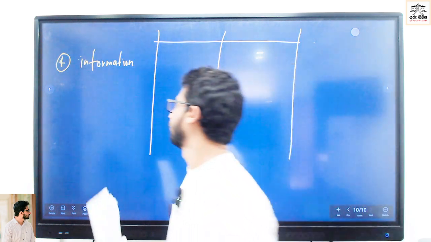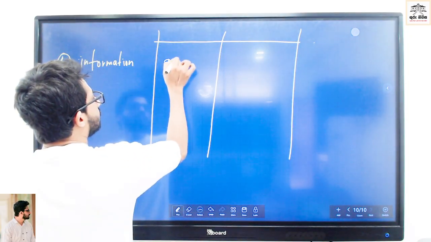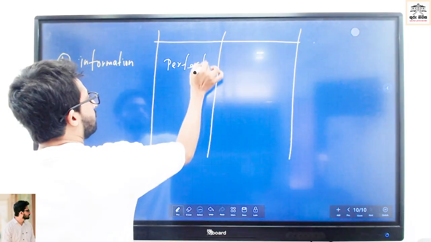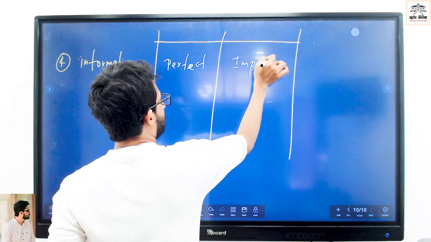Perfect information there. In the monopoly market, imperfect.